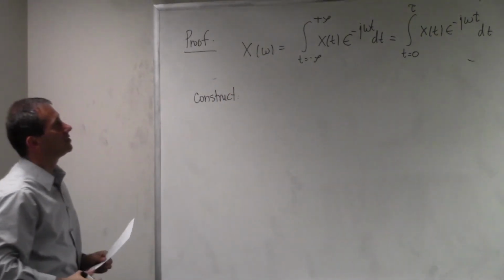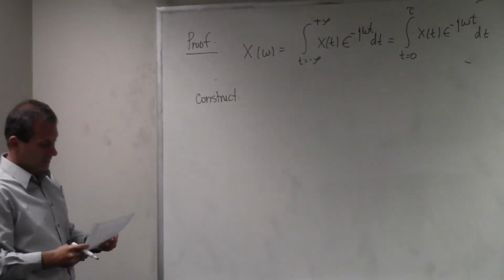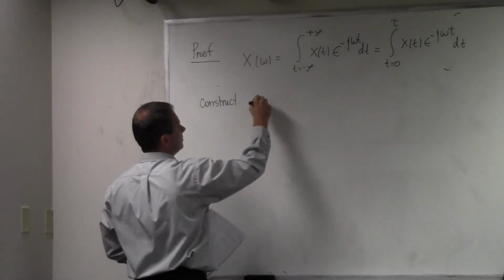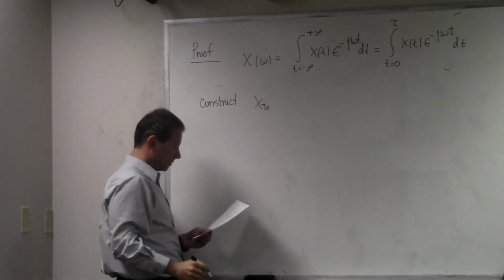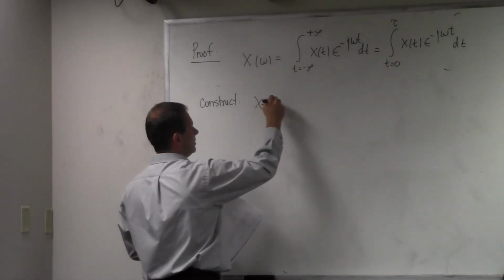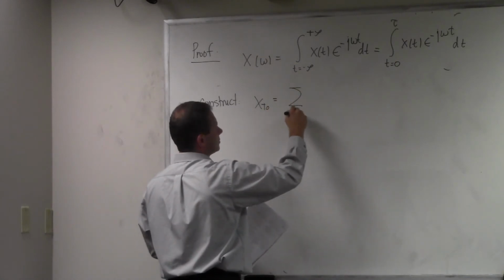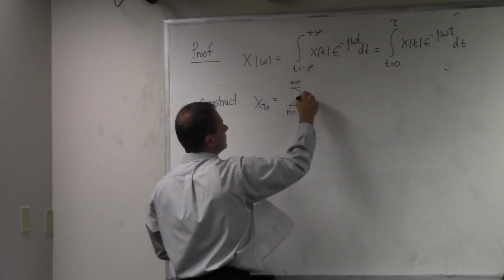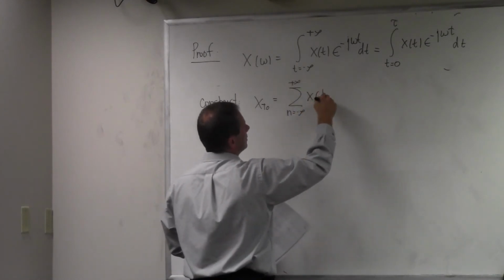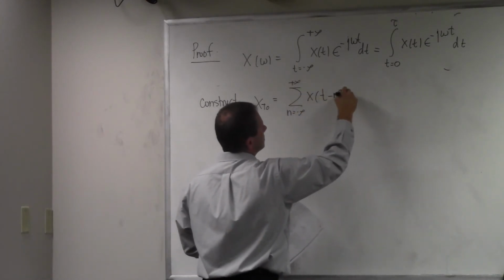Right? So let us construct a periodic extension of my signal x of t. So this x of T0, where T0 is now a period, is going to be the sum over n, n goes from minus infinity to plus infinity, of x of t minus n T0.